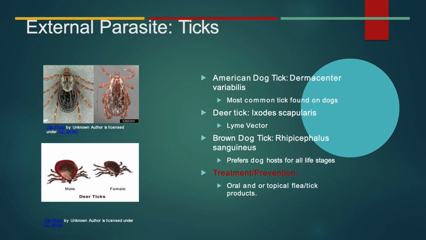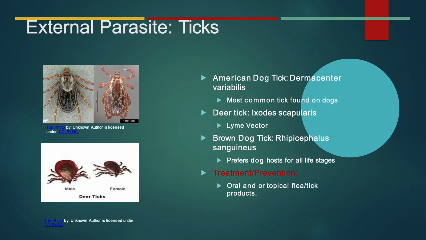They are the Lyme vector for the majority. And then the brown dog tick, sorry, I just like the Rhipicephalus name on that one, but it is the primary one on dogs, and all life stages will be found pretty much on the dog.